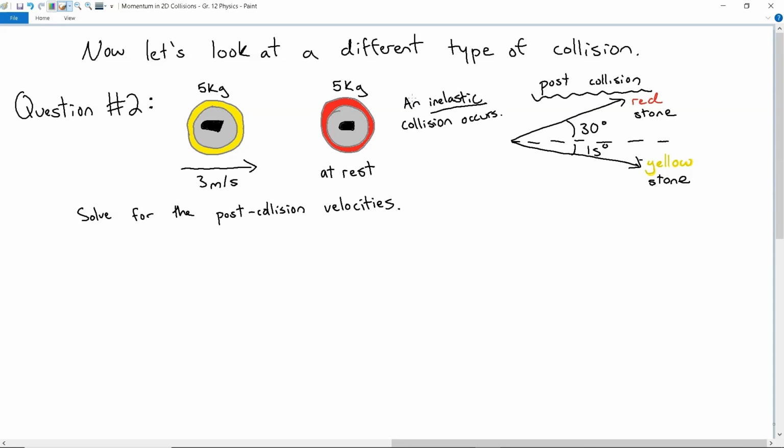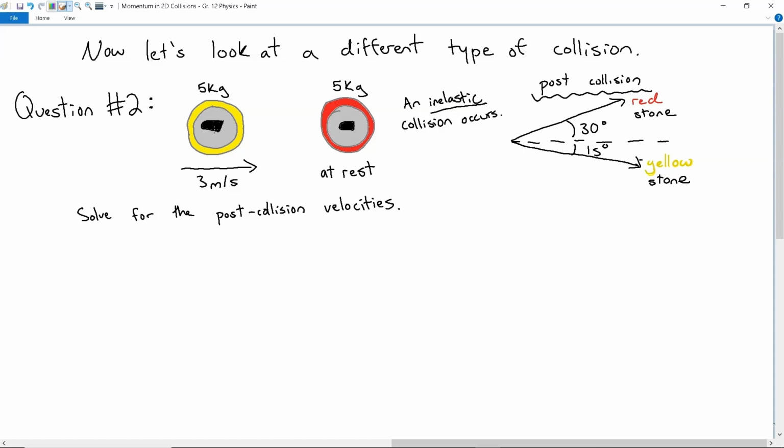So our objects are not going to stick together post-collision. However, we still can't use our energy equations because the only time we can use energy in a momentum question is when we have a completely elastic collision. And that means that energy will be conserved. But that's not the case in this scenario.